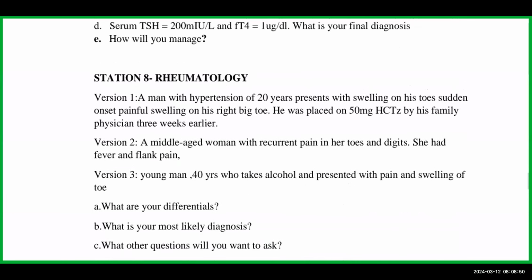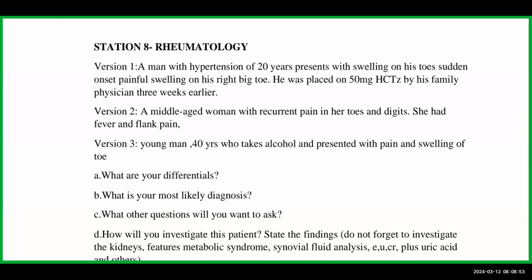Can you scroll to version 2? It looks like someone that has a stone, maybe a nephrolithiasis, that is complicated with a UTI.